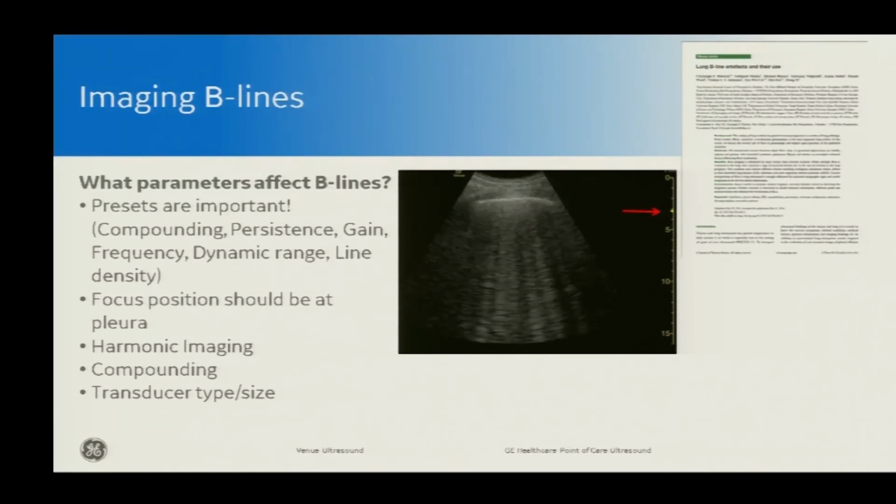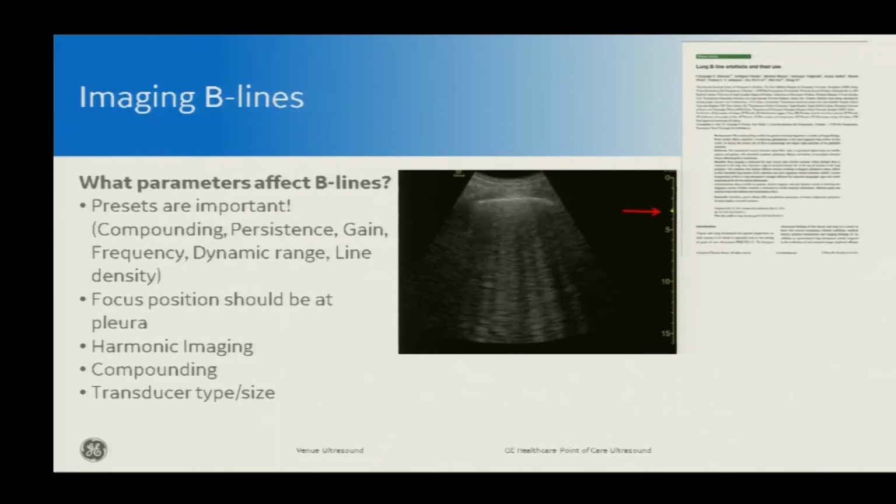The frequency is very important, whether it's too high or too low. Dynamic range. If we make the image very gray, it's hard to distinguish the B-lines. And even line density. If the line density is too low, we may count 2 B-lines that are close together as one, so it could really affect our counting.